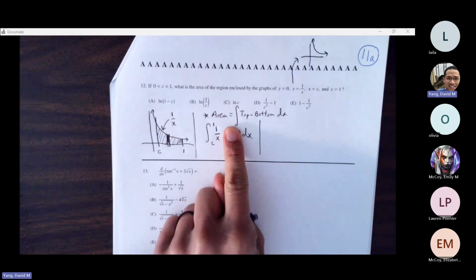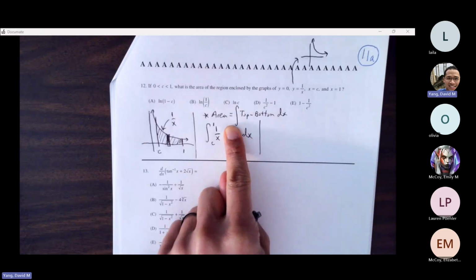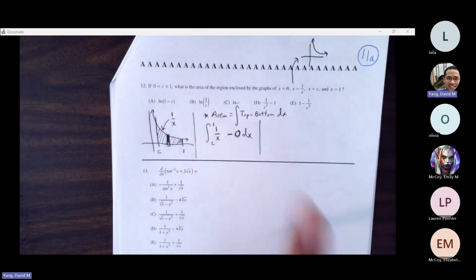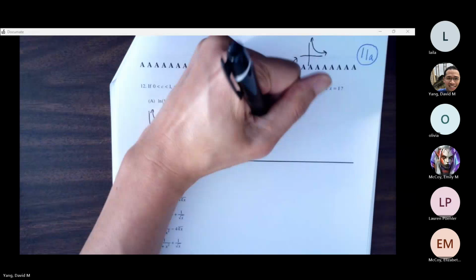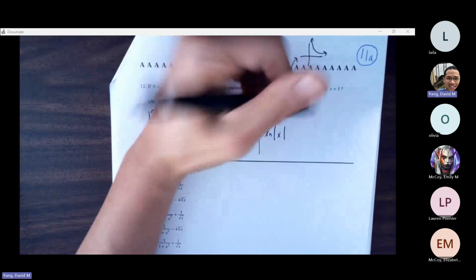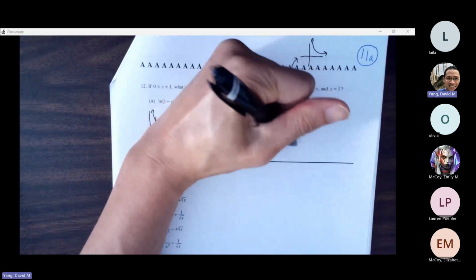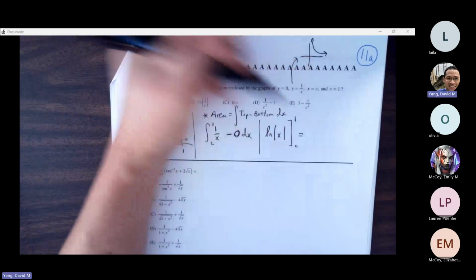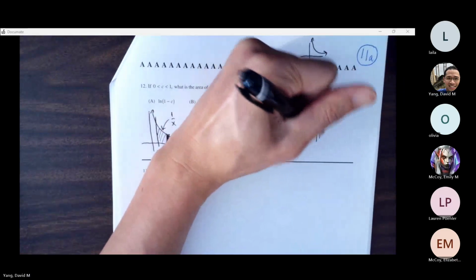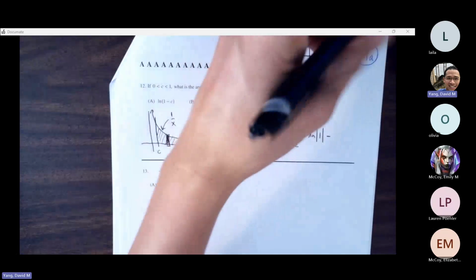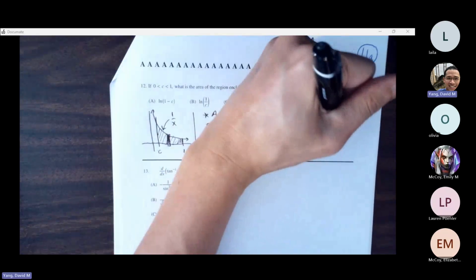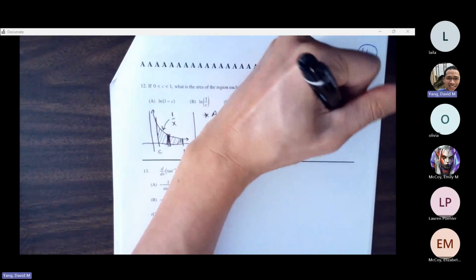I can drop the 0 here, and we know 1 over x is the same thing as 1 over u du, which is natural log. Once we find our antiderivative, we can evaluate between upper and lower bound. Upper bound is 1. Lower bound is natural log of c.